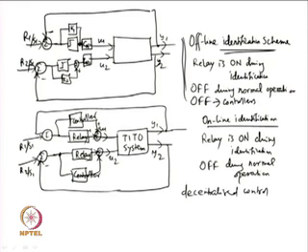Here, in the offline identification scheme, the controllers remain off during the identification, which is not so in the online identification scheme. I mean to say, the controllers are always there in the loop. When decentralized control is effected, the relay is switched off, otherwise the relay is switched on for identification of parameters of parametric models of the TITO system. So, this is the basic difference between the two.